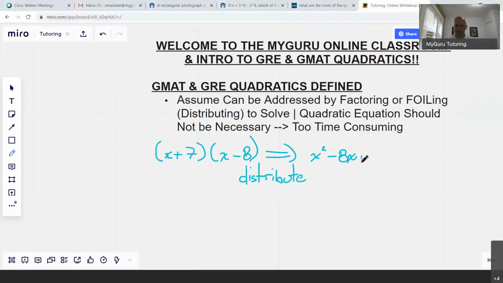It's going to be plus 7x. And the final step for the constant, yes, 8 times 7 is 56. And then what's the actual final step of the process? What is the last thing we need to do?